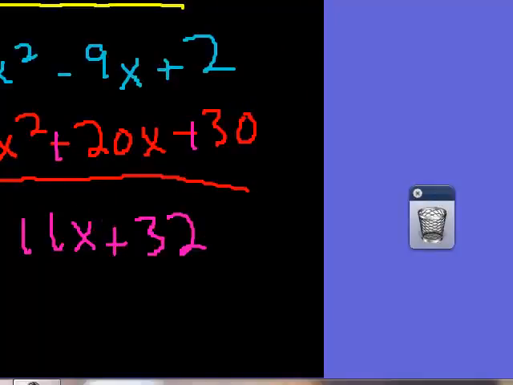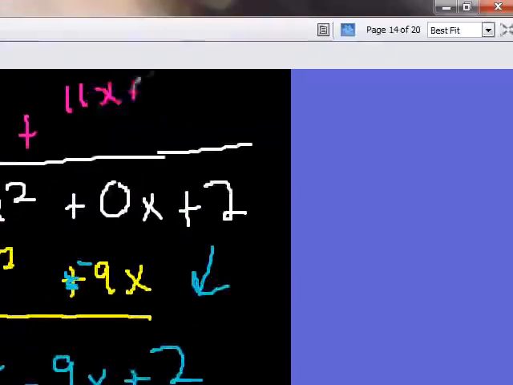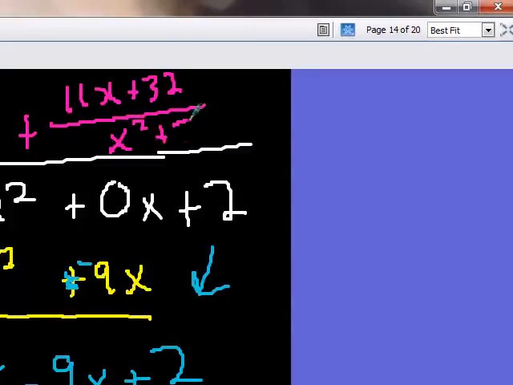This is x to the first, that's x squared. You cannot divide anymore. So add your plus, put 11x plus 32 all over x squared plus 2x plus 3. That should be your answer.